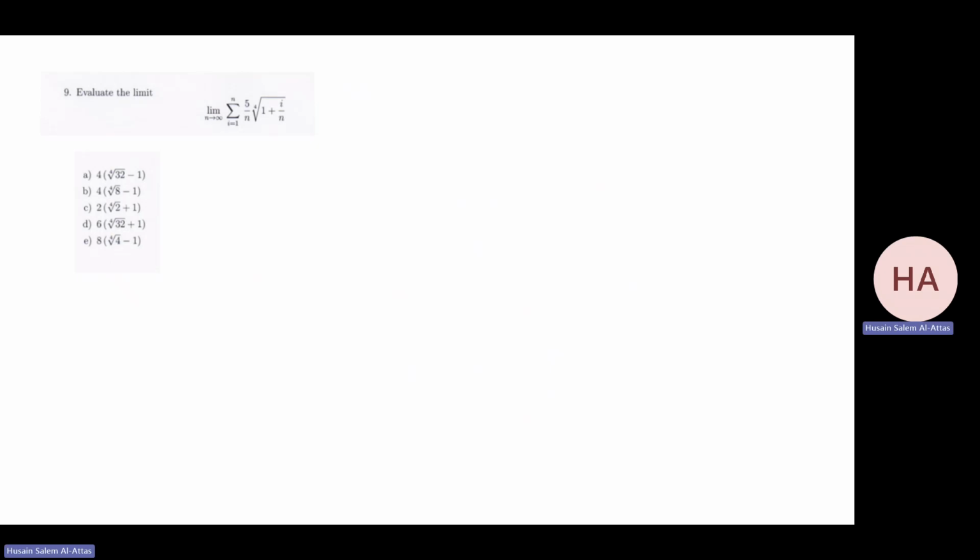Yeah, I can do it two ways, but no, this one is my xi. So my xi is what? Xi is 1 plus i over n. So delta x equals 1 over n.